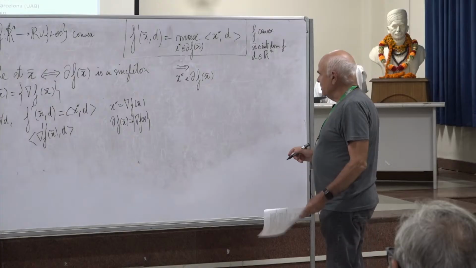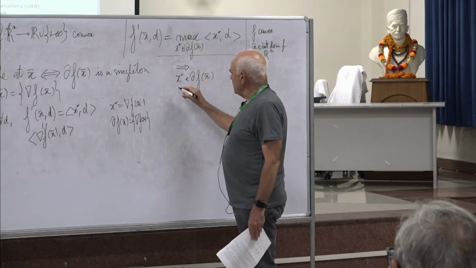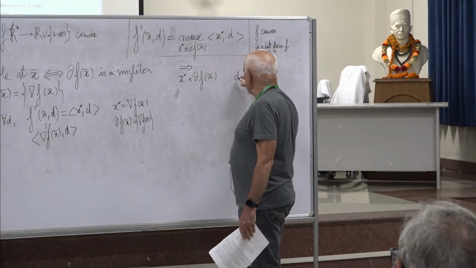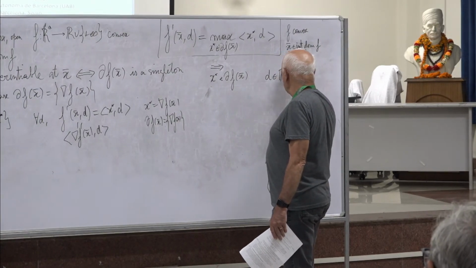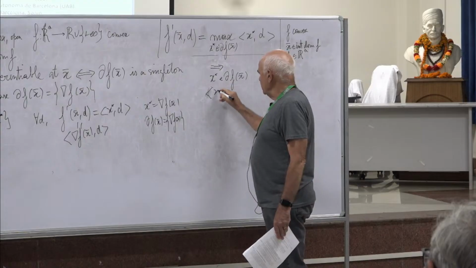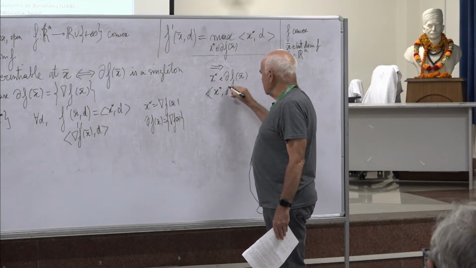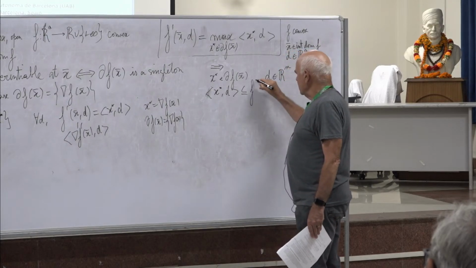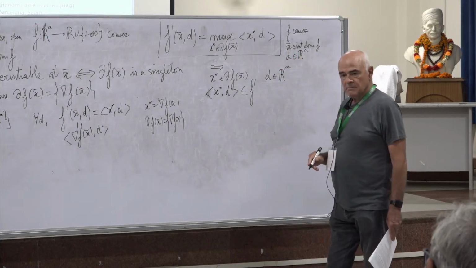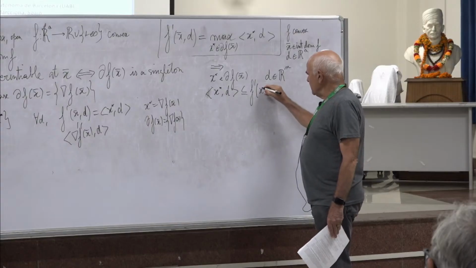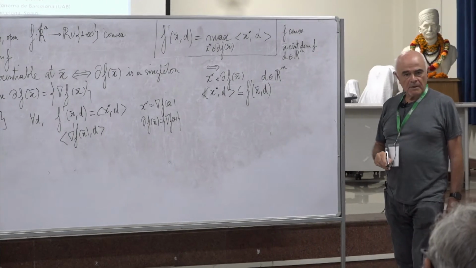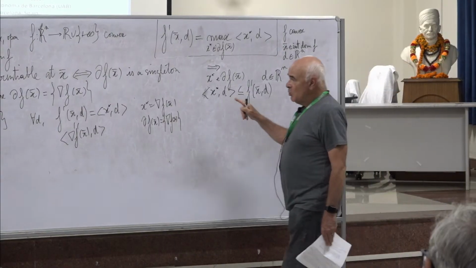and then because of this inequality, for every direction d, we have x star d less than or equal to f prime of x bar d. Okay? But we are now assuming differentiability.